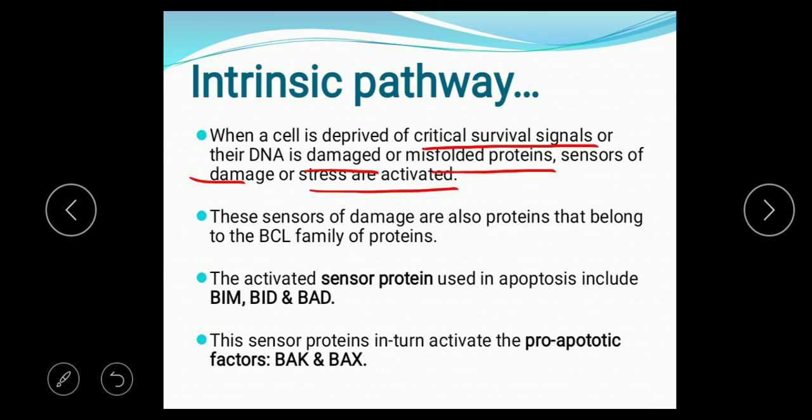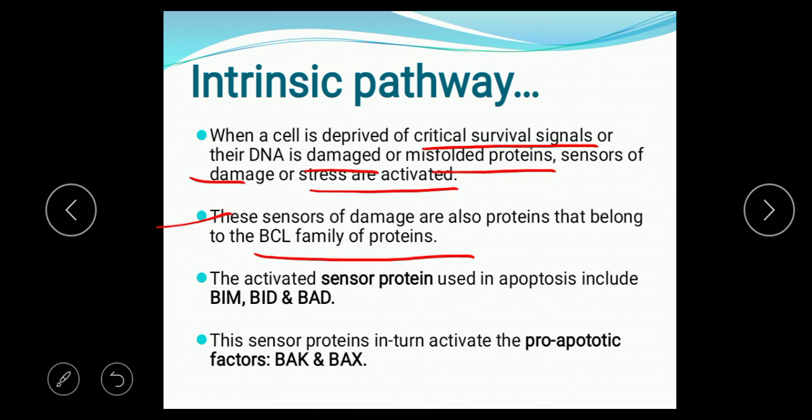Okay guys, what it is saying is, whenever there is any stress going on inside the cell, or there is DNA damage, or oxygen deprivation or hypoxia, then there are many sensors inside the cytosol that start sensing the stress, and they start activating the other proteins for cell death. This is the function. These sensors of damage are also proteins that belong to the BCL family of proteins. Guys, very important family it is.